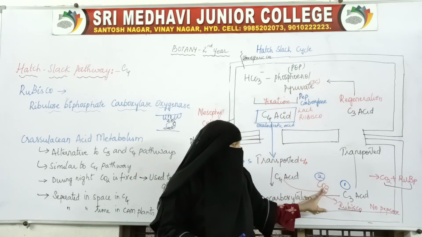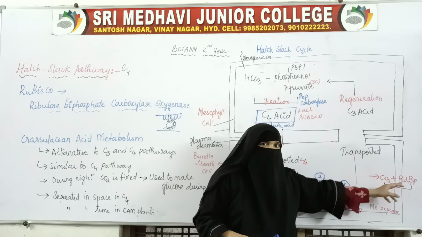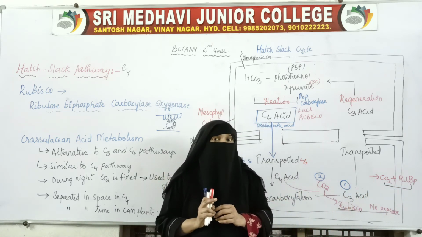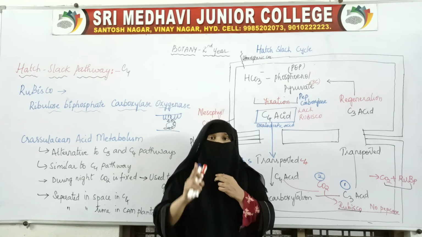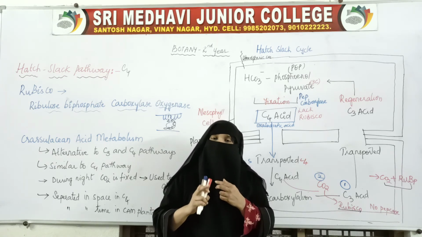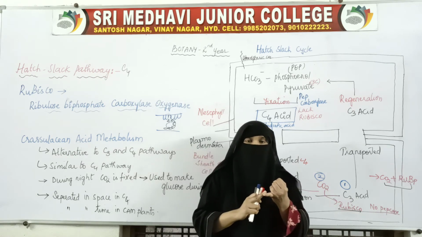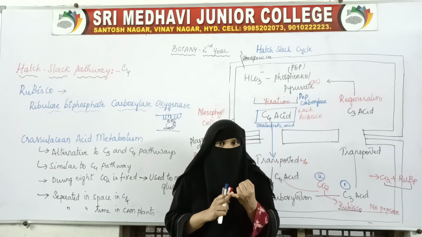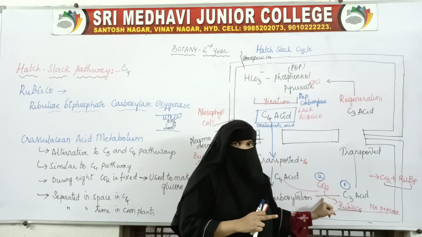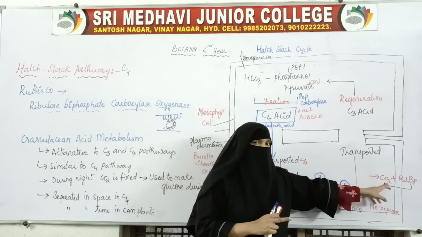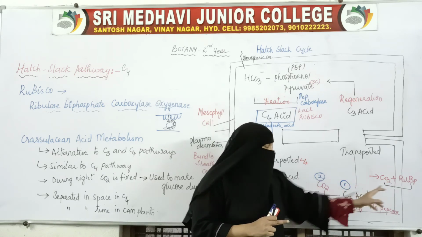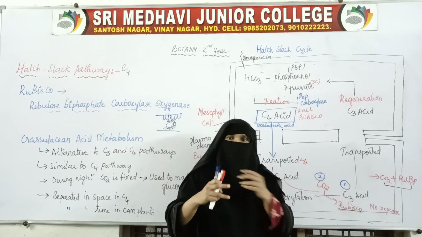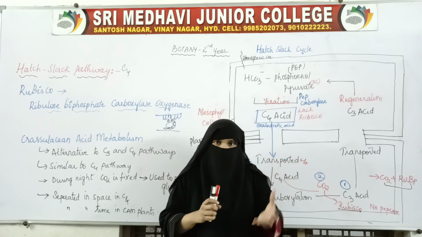So now this carbon dioxide combines with RuBP, thereby carbon fixation will take place, and the Calvin cycle, the C3 cycle, will take place. So that is how even in C4 plants the C3 cycle takes place. In C3 plants also the Calvin cycle takes place, and in C4 plants also the Calvin cycle takes place. The carbon dioxide combines with a 5 carbon compound, RuBP, with the help of the enzyme rubisco, and then triose phosphate will be formed.